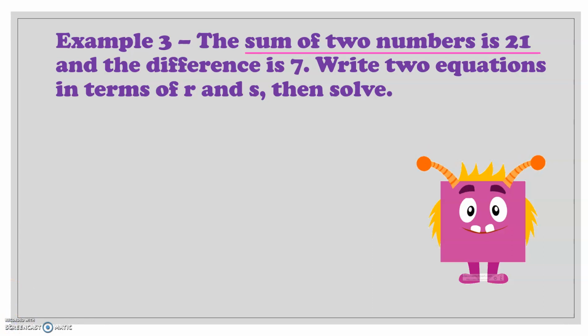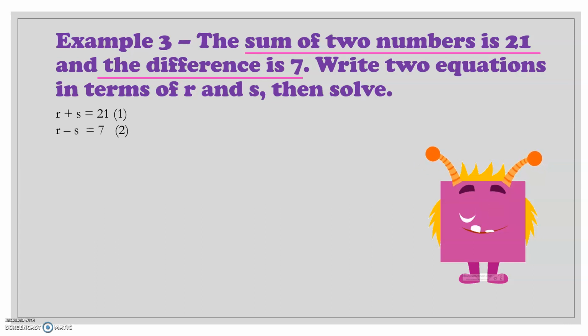So if it means addition, I have r plus s equals 21. That's equation 1. Then for equation 2, I'm told the difference is 7. Well, I know difference is subtraction, so r minus s is equal to 7, and that becomes equation 2.